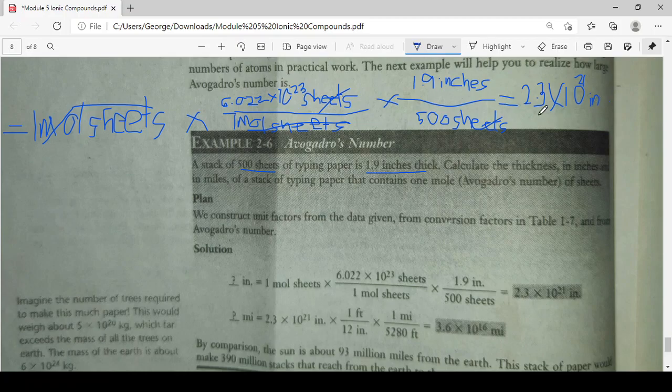So we have calculated its thickness in inches. Now we convert this 2.3 times 10 raised to the power of 21 inches into miles. We found inches, and now we are finding miles, so we convert it into miles. Let us write the first answer, 2.3 times 10 raised to the power of 21.